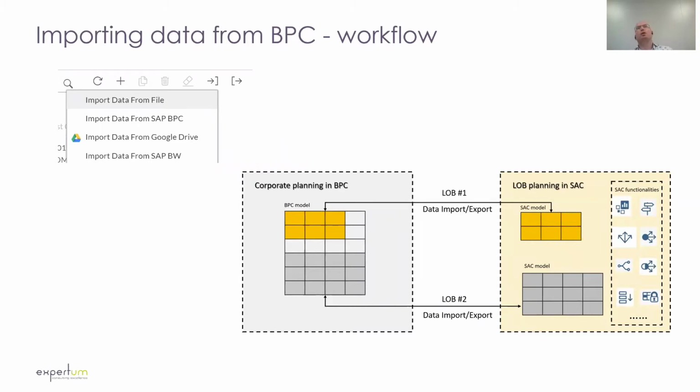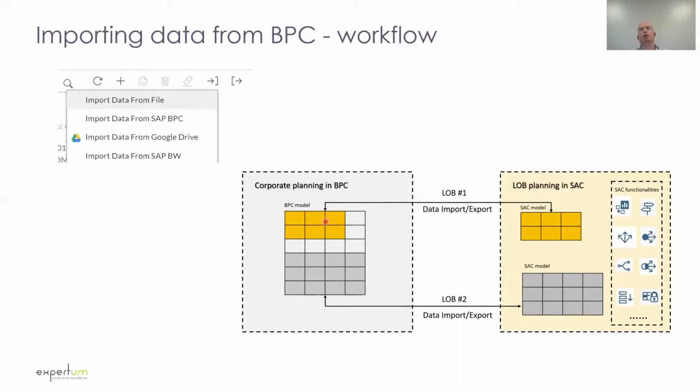For the workflow of how data then comes from BPC into your SAC environment, on the back end of the cloud, you can do an import from BPC. How does that work? You import your model. So in this case, we have a BPC model with 2 line of business models, either the yellow or the gray one.